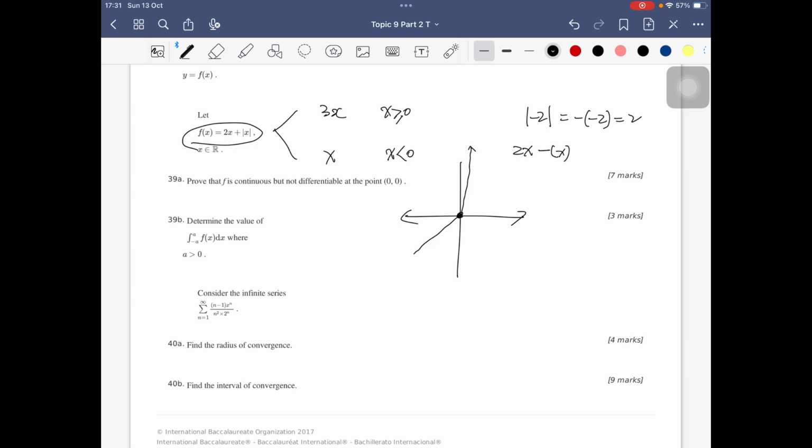So this is continuous, but this is not differentiable, because from the right side the slope is 3 and from the left side the slope is 1. So the slope from the left side and the right side at x equals 0 is not equal. So this is not differentiable. That's it.